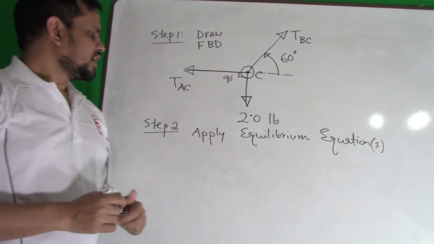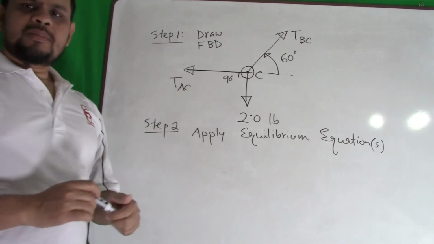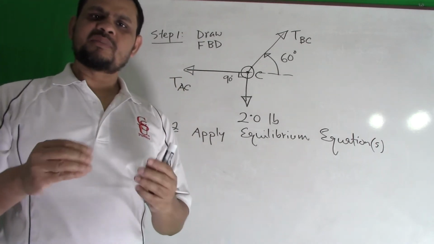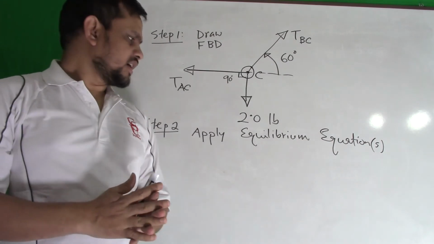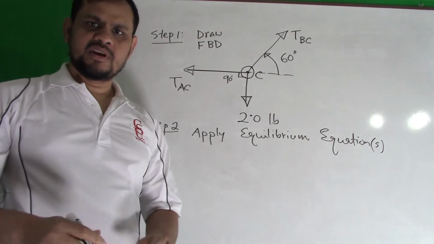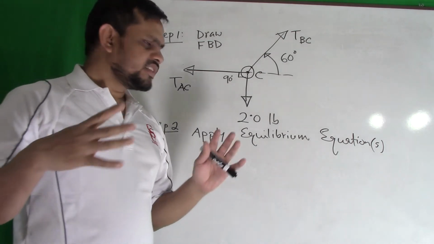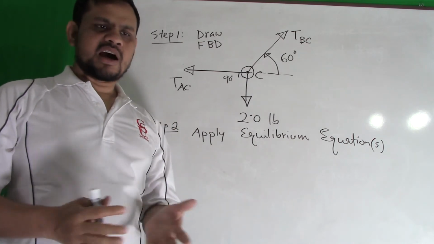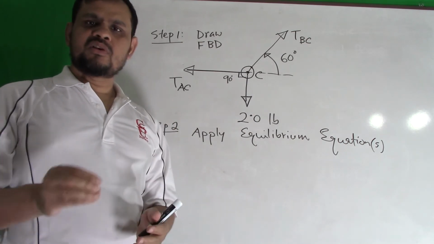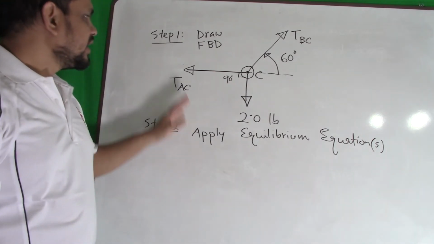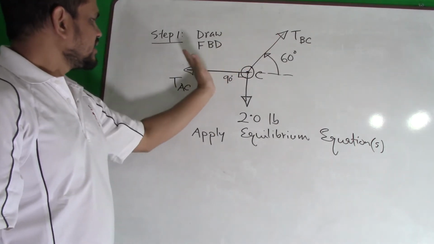We learned it. Now you should apply the equilibrium equation in a way that will give you some fruitful output. Do not just apply something randomly. Be creative and think critically. That is the smarter way. I very often tell you, do not work hard, work smart. I need to find this cable force and this cable force.